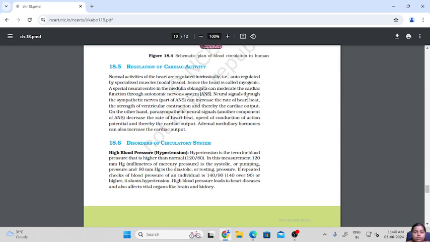Neural signals through the sympathetic nerves can increase the rate of heartbeat, the strength of ventricular contraction and thereby the cardiac output. On the other hand, parasympathetic neural signals, another component of the autonomic nervous system, decrease the rate of heartbeat, speed of conduction of action potential and thereby the cardiac output. Adrenal medullary hormones can also increase the cardiac output.